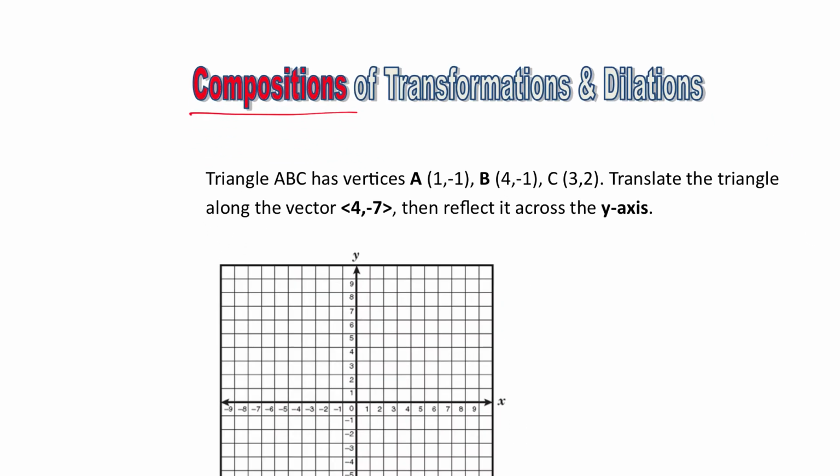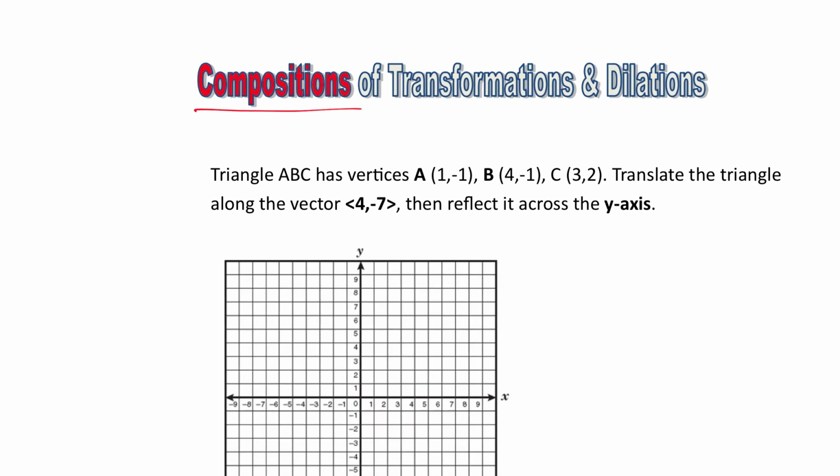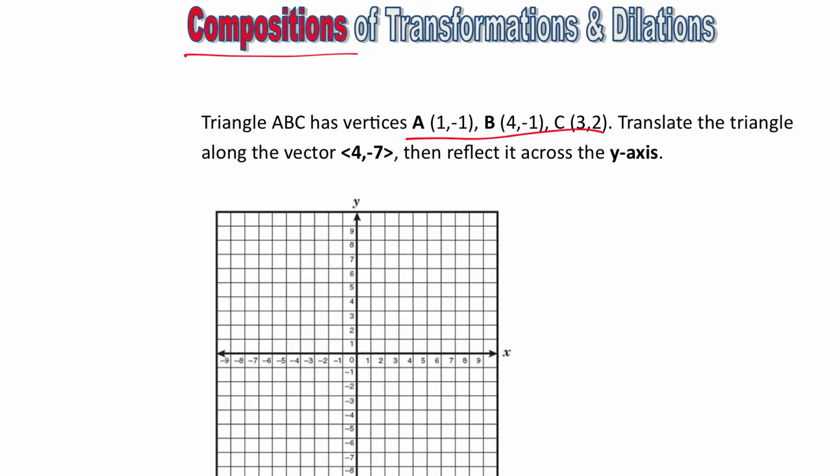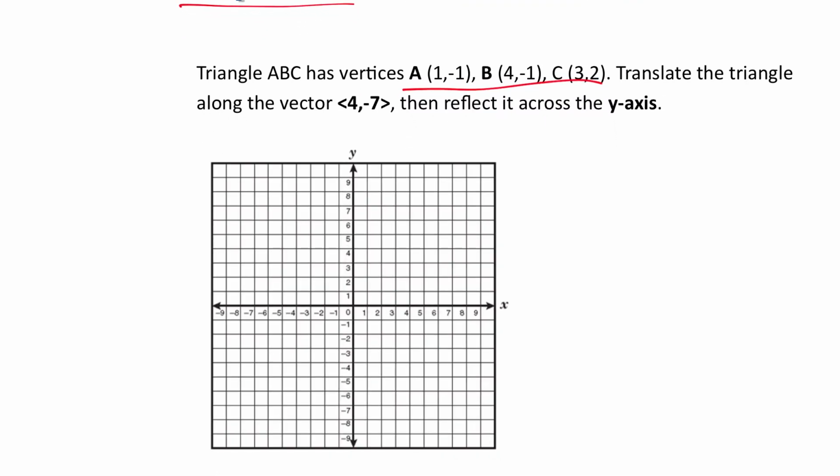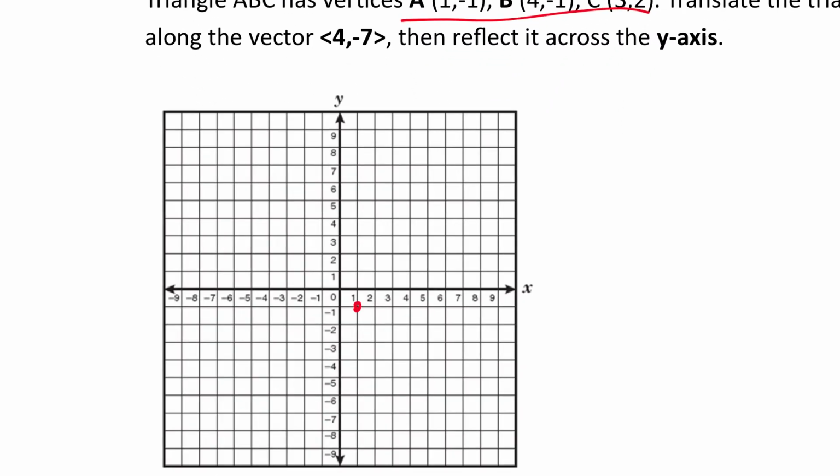Okay, so what we're going to do is, on this first one, let's go ahead and plot these 3 points A, B, and C first of all. Go ahead and connect them and make that triangle.